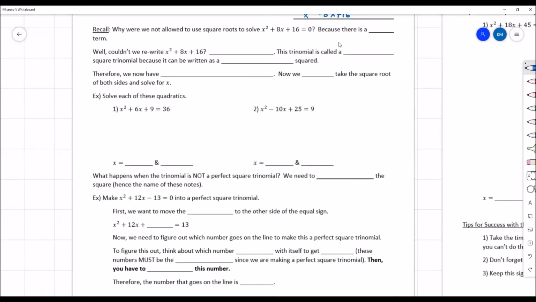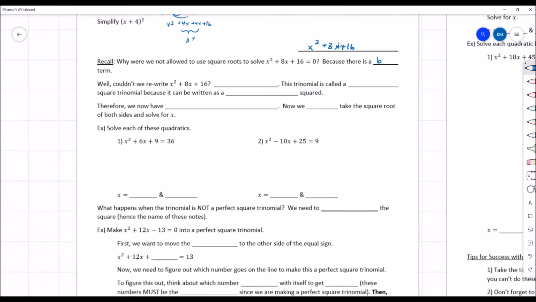Okay, why were we not allowed to use square roots to solve the equation x squared plus 8x plus 16 equals 0? Remember, we talked about it at the end of the last video, it is because there is a b value, or b term. Well, couldn't we write x squared plus 8x plus 16 as something else?